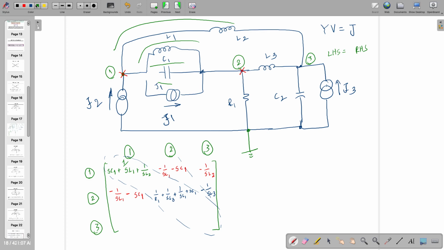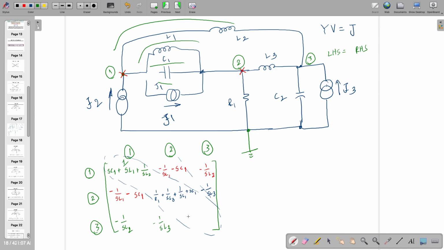Y31. Somebody from Komal's side: minus 1 by SL2, sorry. Right? Is there anything? No. Okay. What about Y32? Aishwarya: minus 1 by SL3. Okay. What about the last entry?